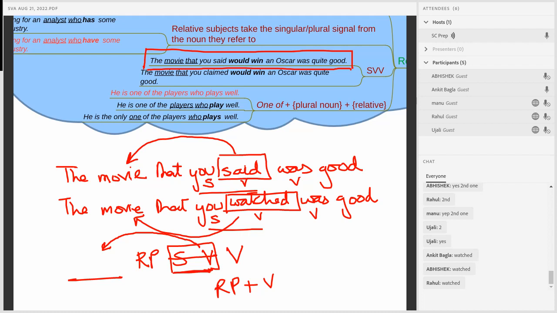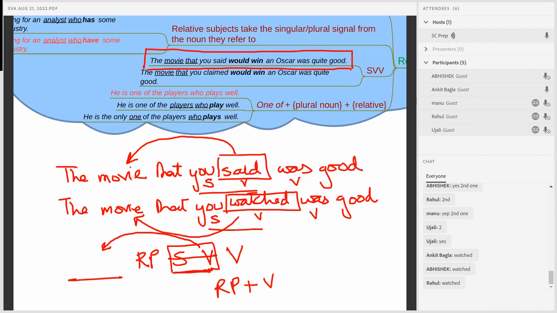The first is not a sentence. But like you said, the subject verb pair of the first sentence is not making sense with the movie. The movie cannot be said, right? And now if we drop the subject verb pair, you said, the movie that was good. Yeah, okay.